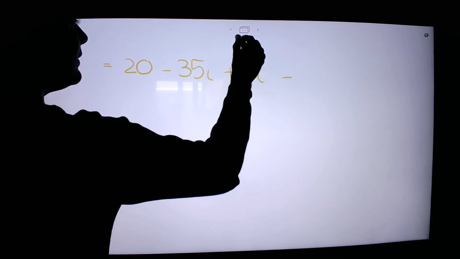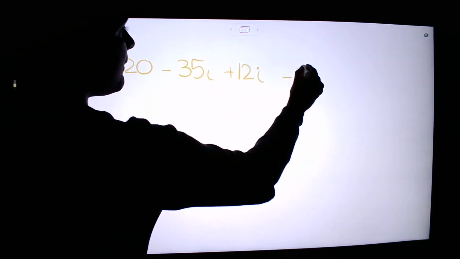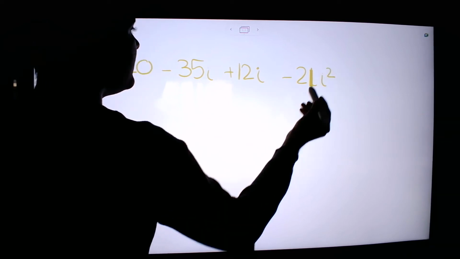And then the last one was minus 21i square. Okay, I got that bit.